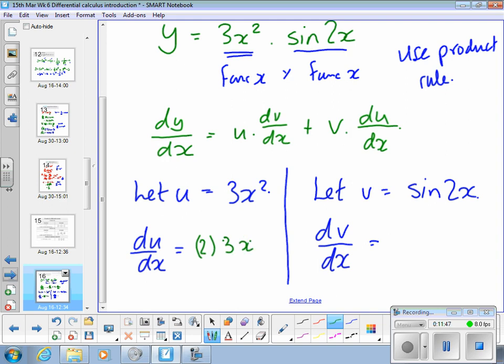So that's 2 times 3, 6x, so du by dx is 6x. This one is in the form of sine ax. The differential for sine ax is a cos ax.